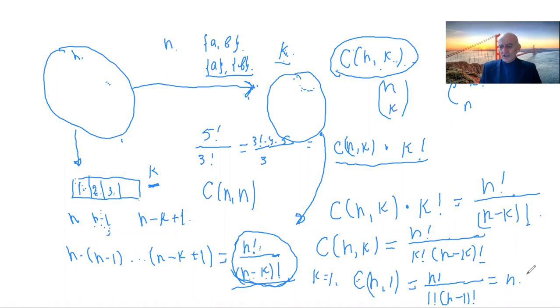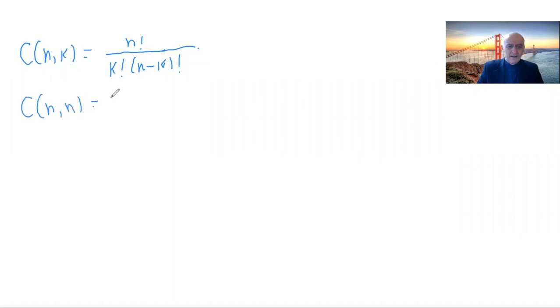Okay. Now let's check how this formula works. I will rewrite this formula here: C(n,k) equals n factorial divided by k factorial times (n minus k) factorial. For C(n,n), it's going to be n factorial divided by n factorial times (n minus n) factorial, 0 factorial.